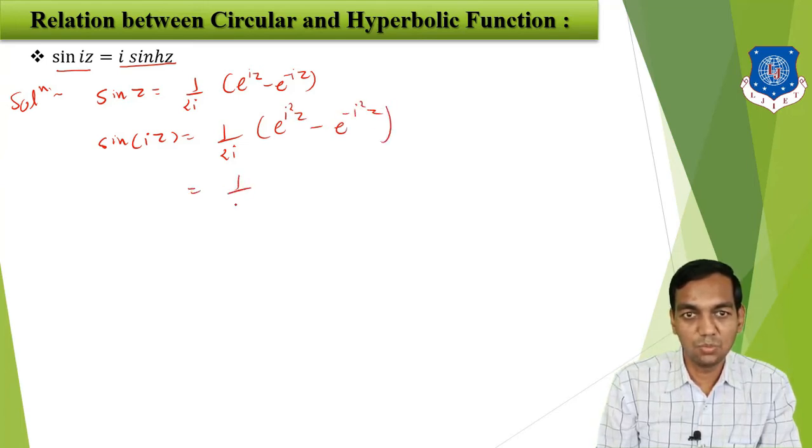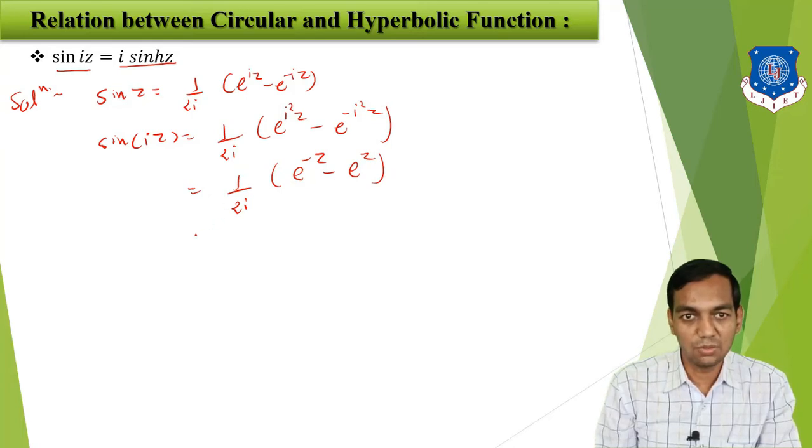And that will give you 1 upon 2i into e raised to minus z minus e raised to plus z, because i square is minus 1, so this is going to be minus z and this is going to be minus minus plus. So minus common out and you will get minus 1 upon 2i into e raised to z minus e raised to minus z.